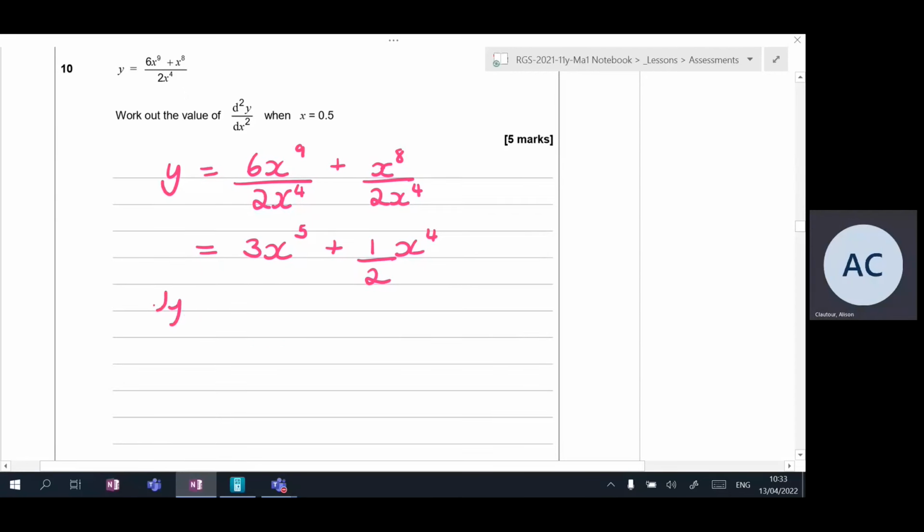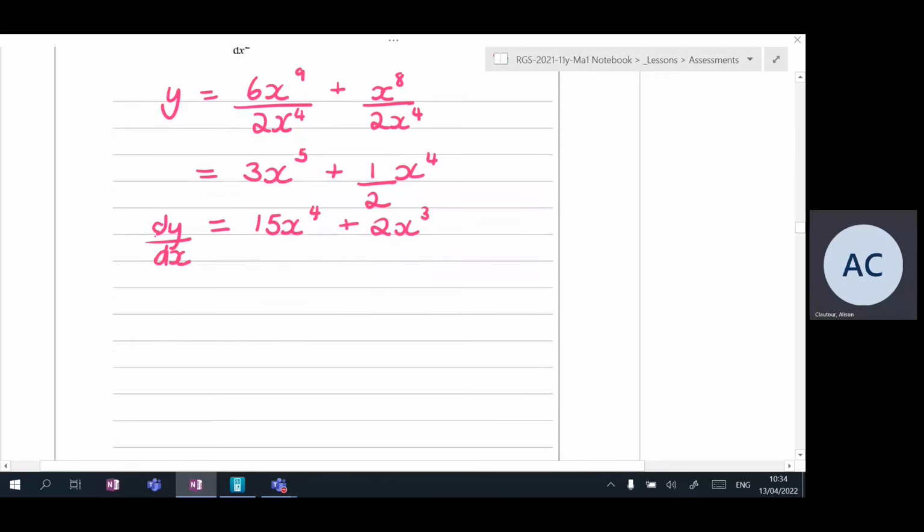So now it should be a lot easier to differentiate. Okay, so bring the power to the front, take 1 off the power. Bring the power to the front, take 1 off the power. I want the second derivative for this question, so I have to differentiate again. So take the power to the front and take 1 off the power. Take the power to the front and take 1 off the power.